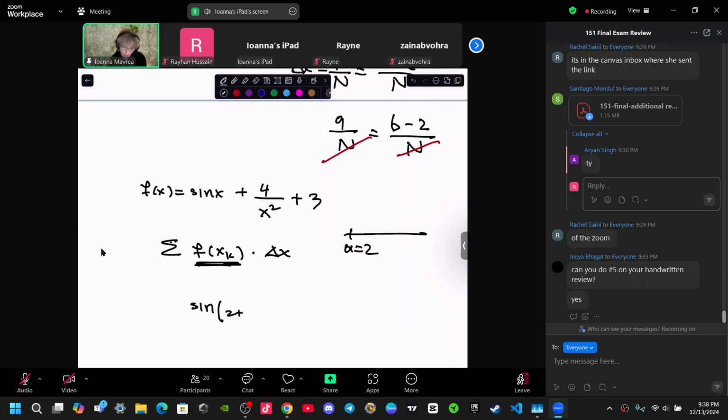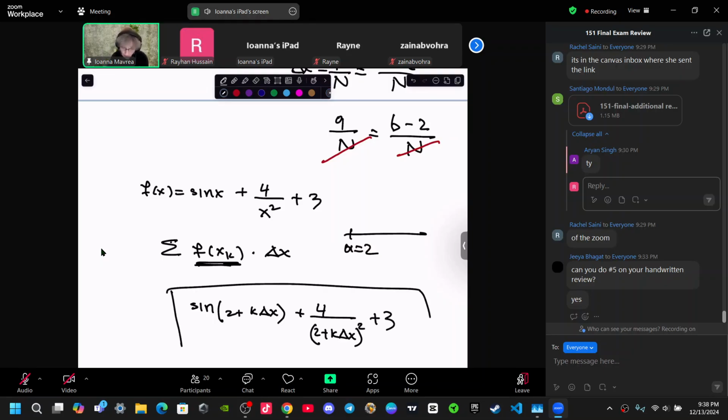You will see 2 plus a bunch of delta x's, plus 4 over, and x is going to be 2 plus a bunch of delta x's, squared, plus 3. You're going to see something that looks like that. So notice this quantity is going to show up again and again.